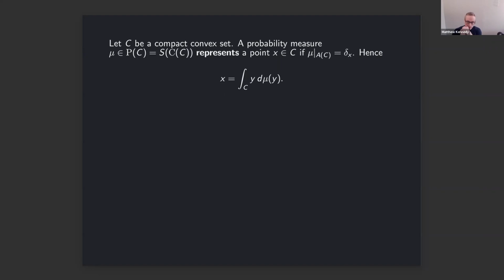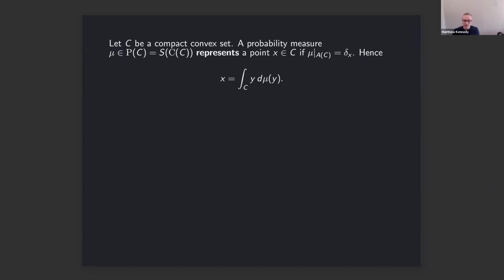Notice that this is always a point evaluation at some point, and if it's the point evaluation at x, we say that mu represents x. This means that x can be decomposed as an integral against mu of points in the space C. This is a generalized notion of a convex combination; we're thinking of measures here as convex combinations.